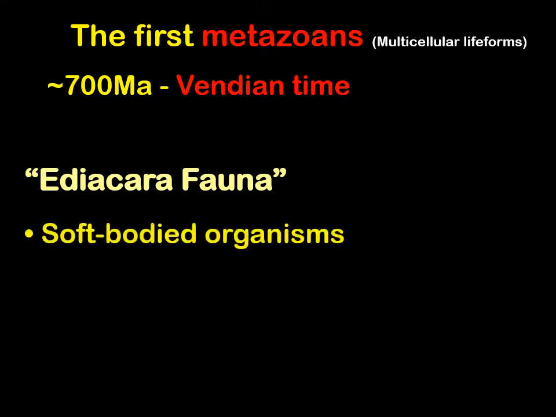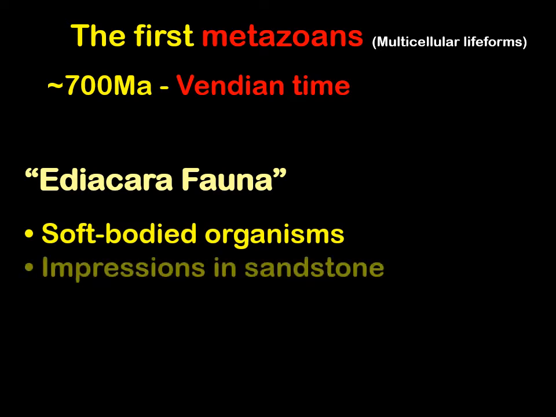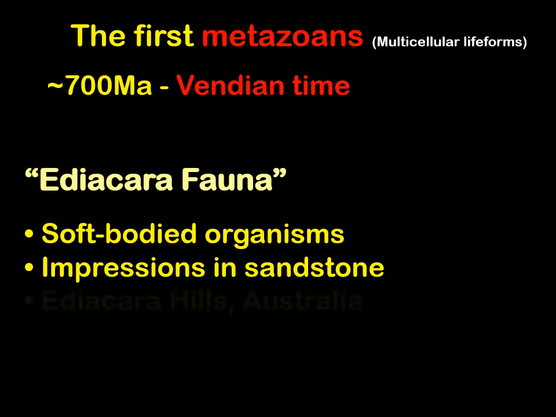They're all soft-bodied organisms, so think worms and jellyfish. And most of the fossils we have from the Ediacaran fauna are impressions in a very, very fine sandstone or siltstone. If you have anything more coarse-grained, like a conglomerate or a breccia, you're not going to preserve the fine detail that you need for these types of organisms.